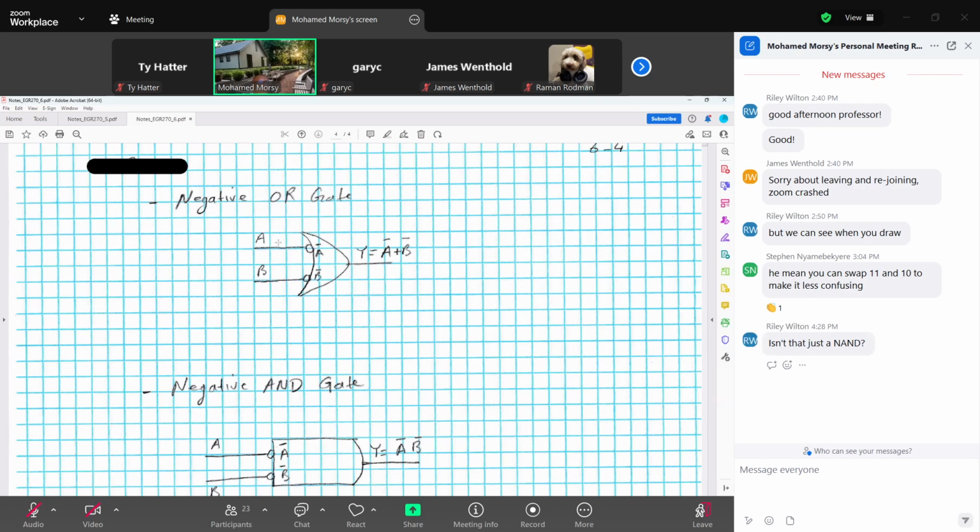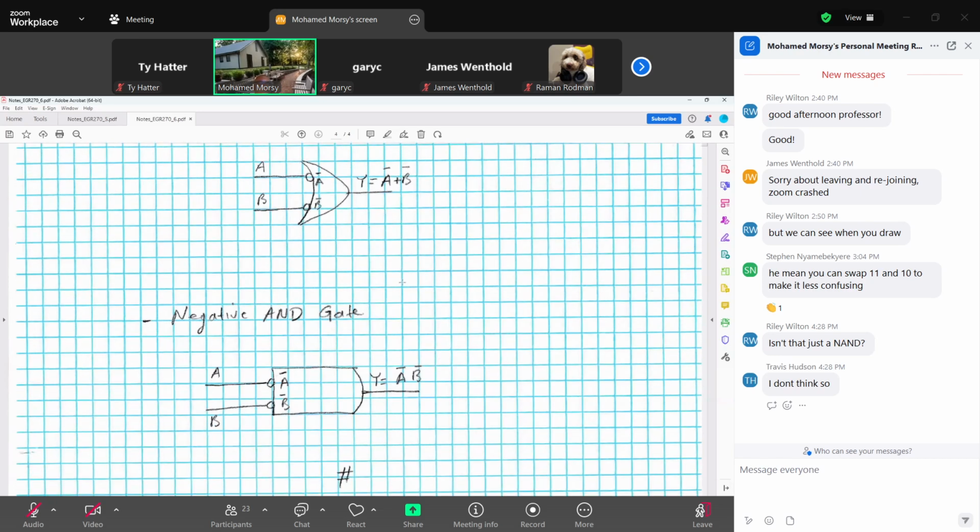Because this bubble here, the input is A, and due to this bubble, this A goes inside the gate as A inverted. The same for B. So the output is A inverted plus B inverted. So this is called negative OR gate.